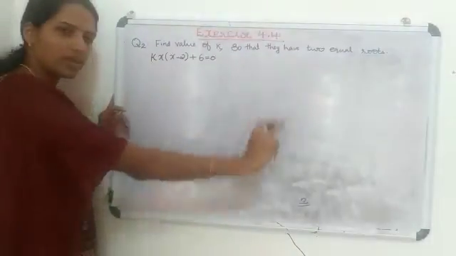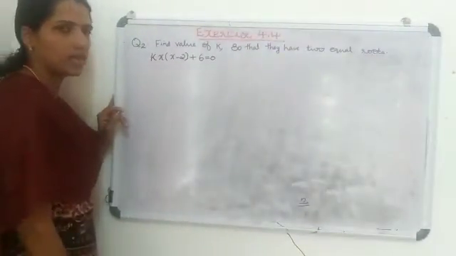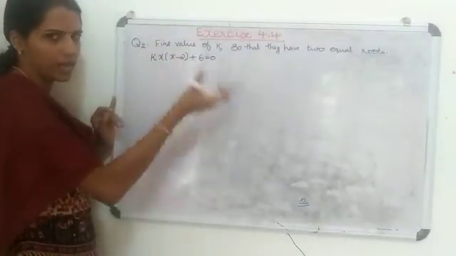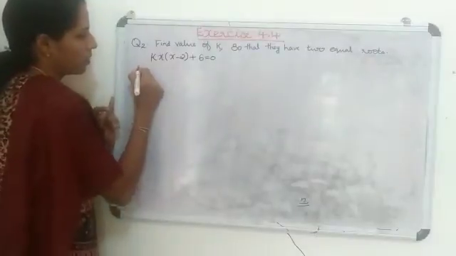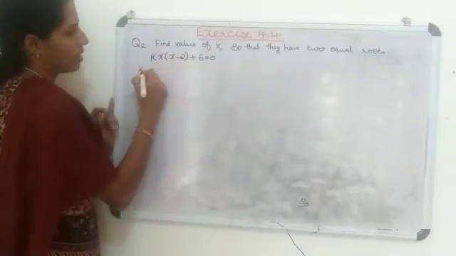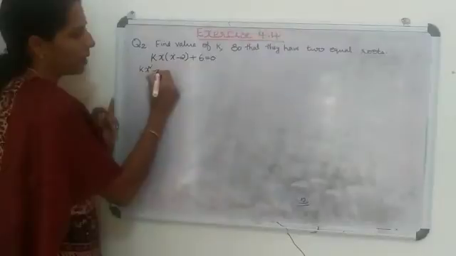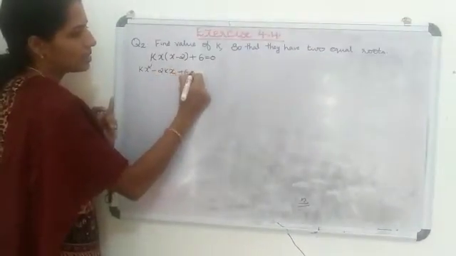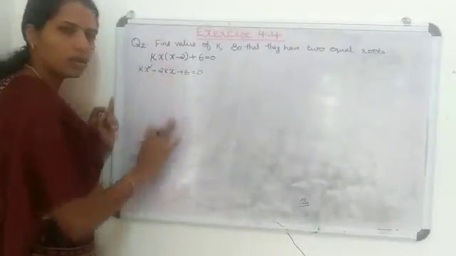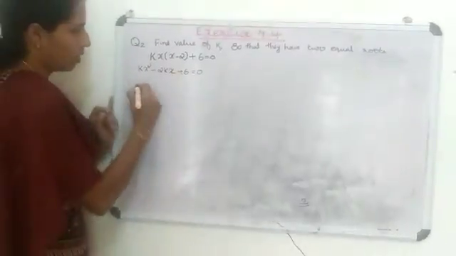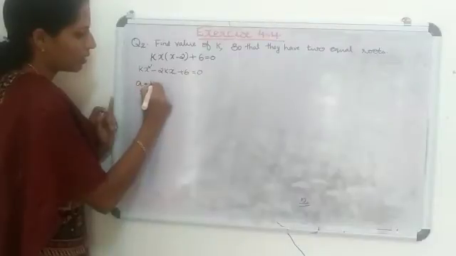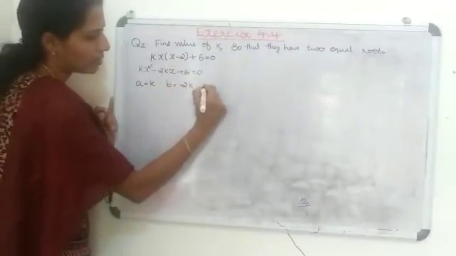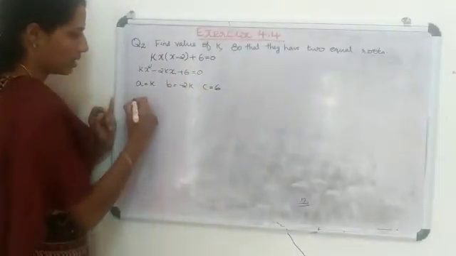This is not in our standard form, ax square plus bx plus c equal to 0. First we should rewrite the equation in our standard form. That is kx into x, kx square minus 2kx plus 6 equal to 0. Now this is in our standard form. From this, a equal to k, b equal to minus 2k and c equal to 6.